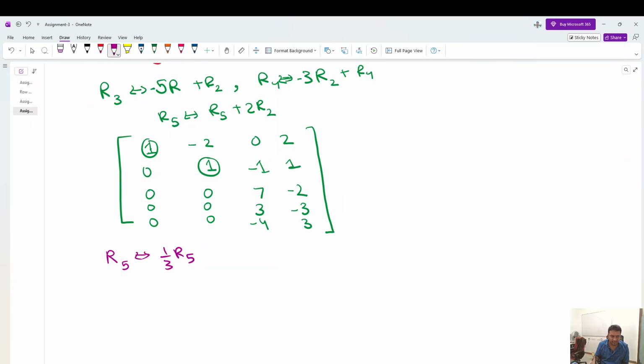Apply this operation. So what matrix you get is 1 minus 2, 0, 2, 0, 1, minus 1, 1, 0, 0, 7, minus 2, 0, 0, 1, minus 1, 0, 0, minus 4, 3.